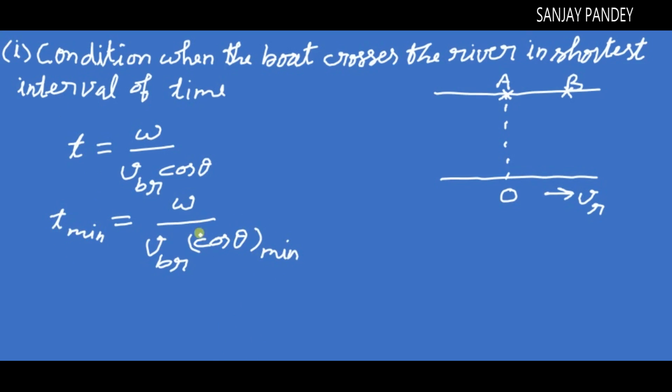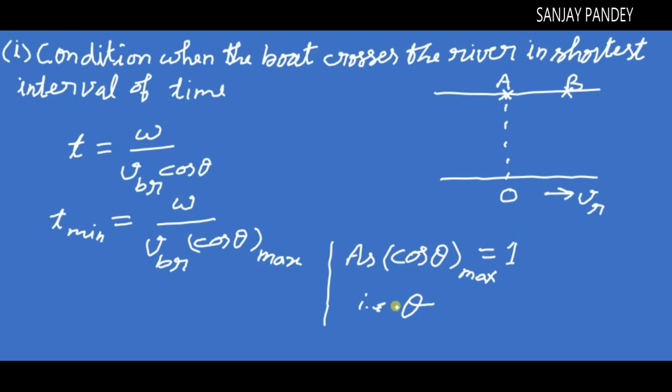So we will write here, it should be maximum. As cos theta maximum is 1, that is, theta corresponding to the maximum value of cos theta is 0 degree, as cos 0 degree is 1.